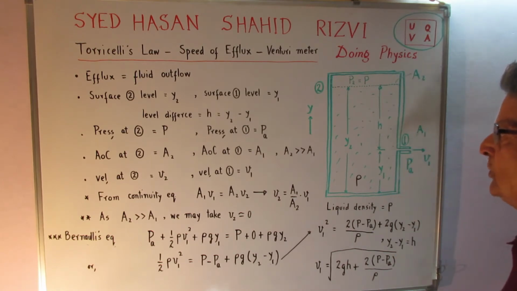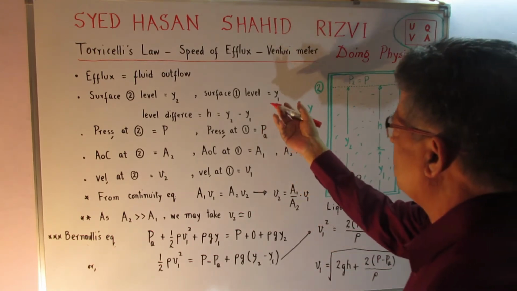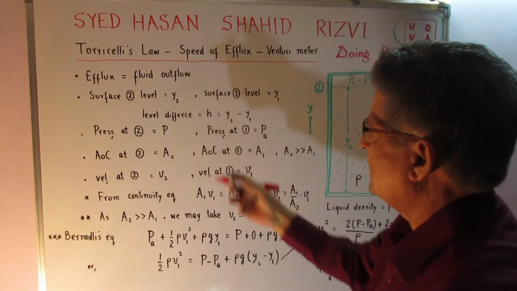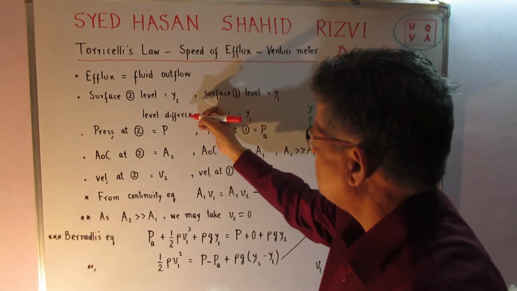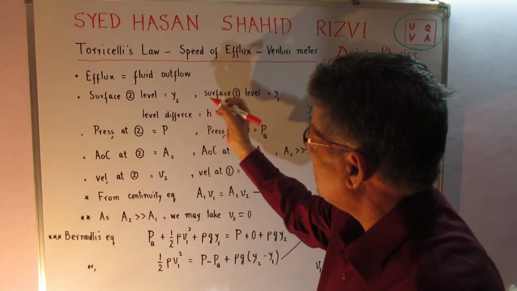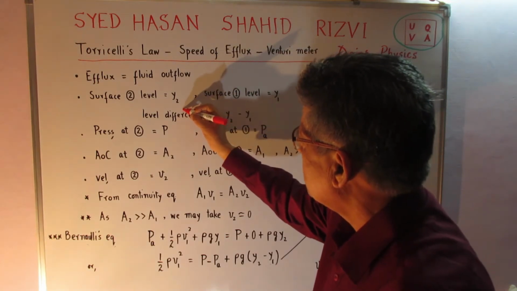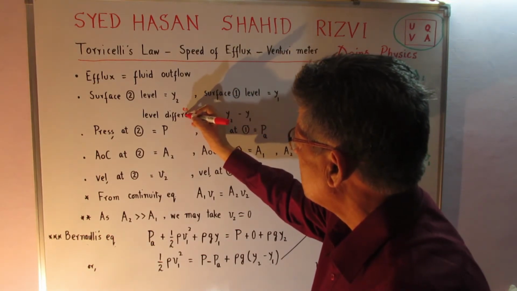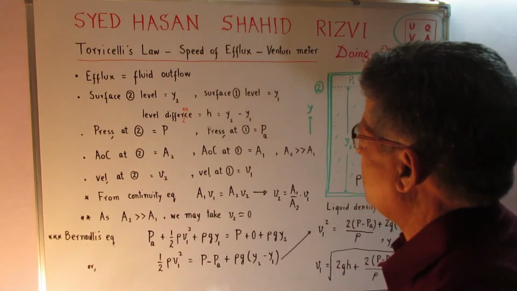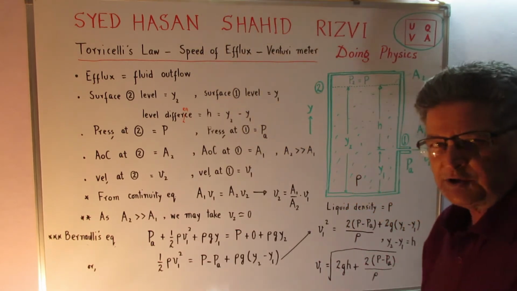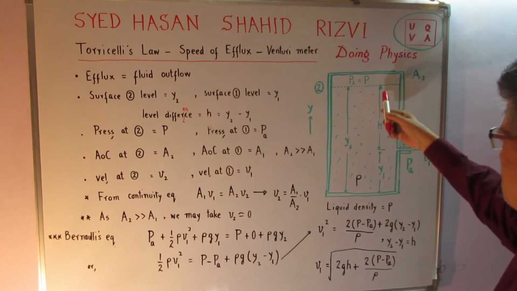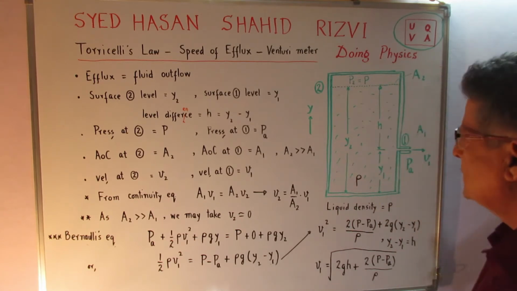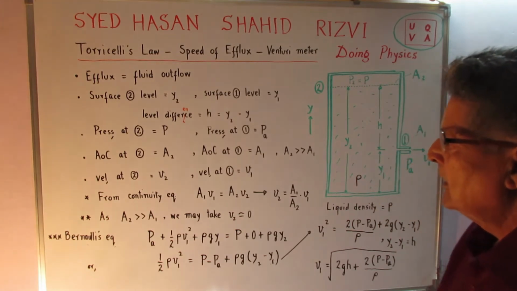So surface 2 level is Y2 and surface 1 level is Y1, and the level difference is equal to H. Here I have shown you H, which is Y2 minus Y1.